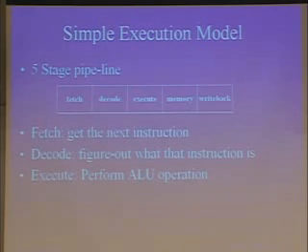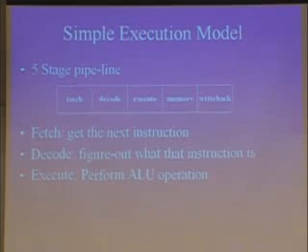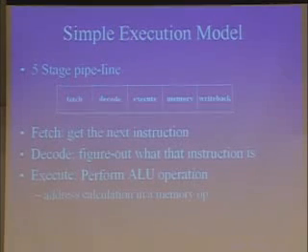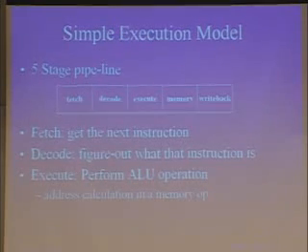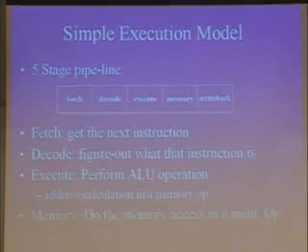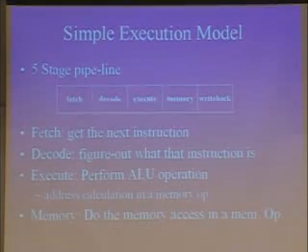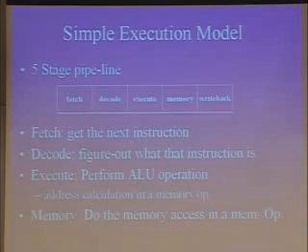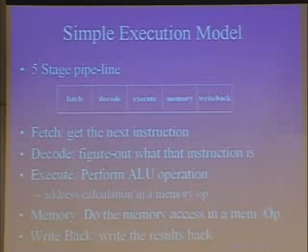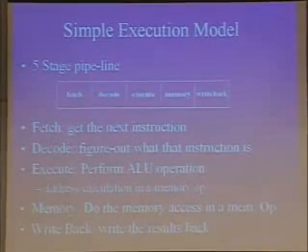So you can fetch and decode without knowing any dependencies. But if you're using a result from a previous instruction, it had better be available at execute time. If it is a memory op, it might just calculate the address. You store it in the memory. And if you want to write back to the register, you write back at that stage. So this is basically the stages you go through.